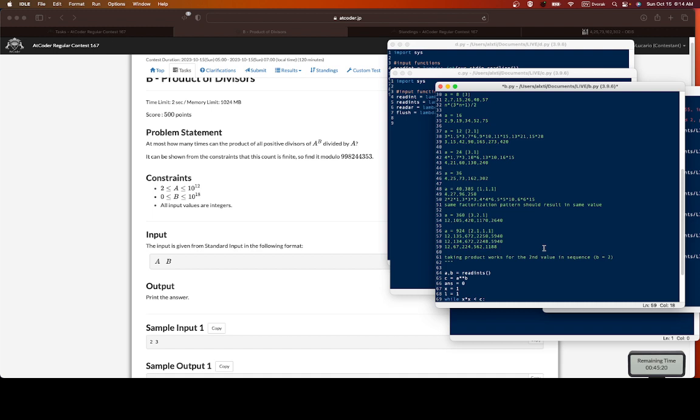What else is there? Maybe it's how many factors first. Let's figure that out.